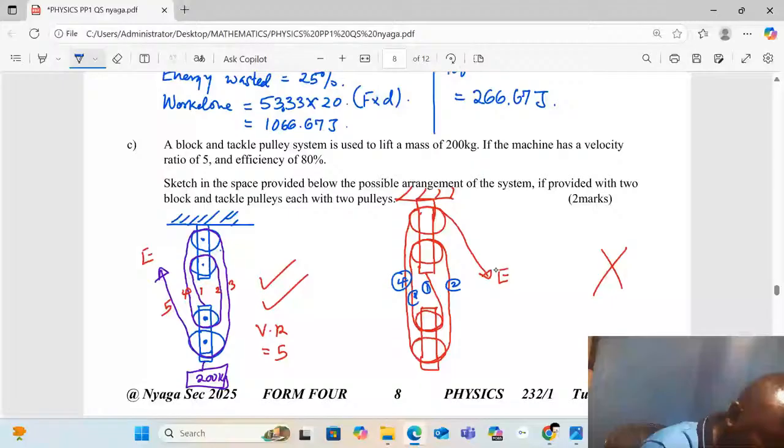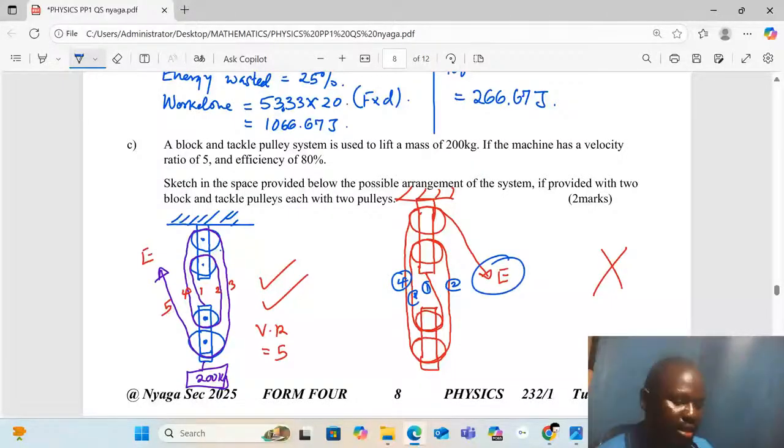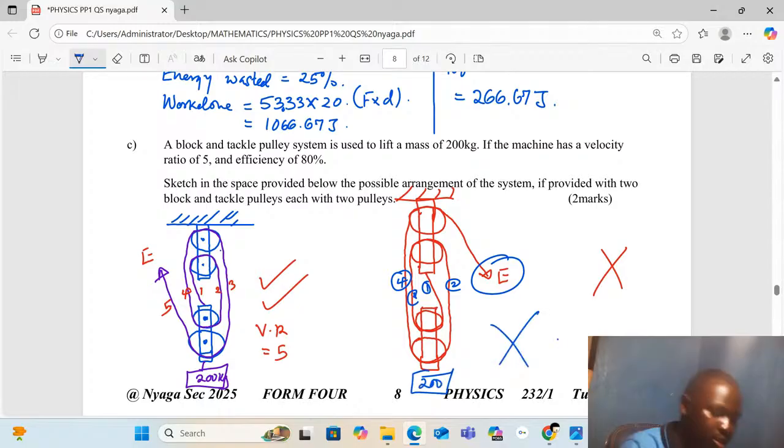This one is moving downwards, therefore it will not be part of the ropes that will be supporting the load. So we shall be having our 200 kg there. So this one is wrong. This one is correct.